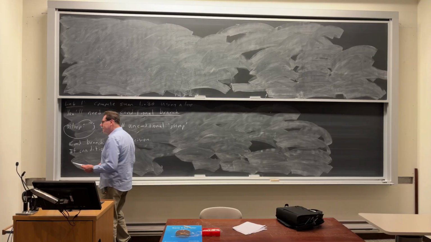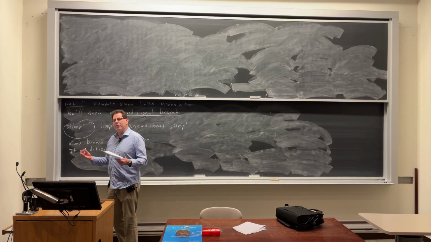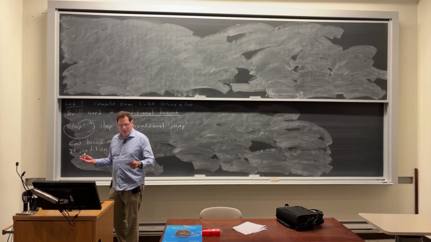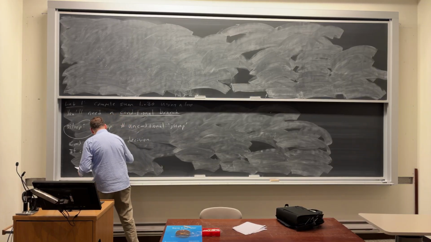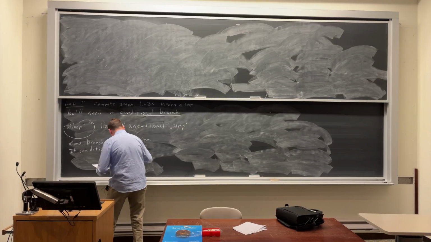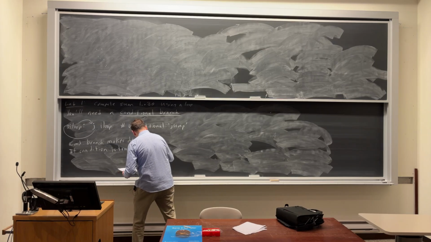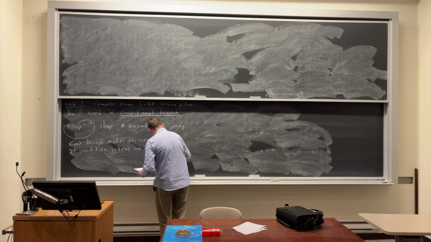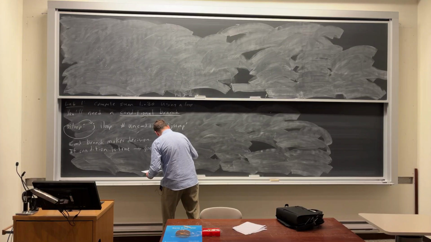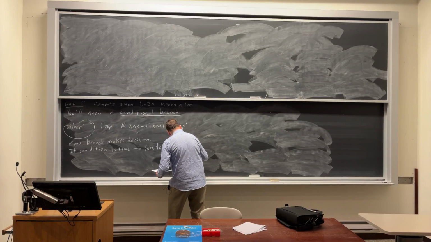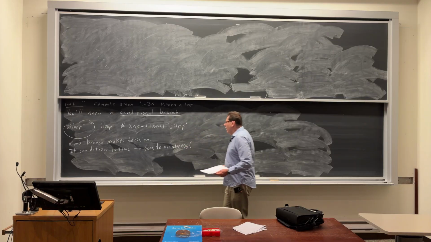It sees, are the values in these two registers equal, for example? That would be an example of a condition. So if that condition is true, then it goes to an address. And an address is just a number.